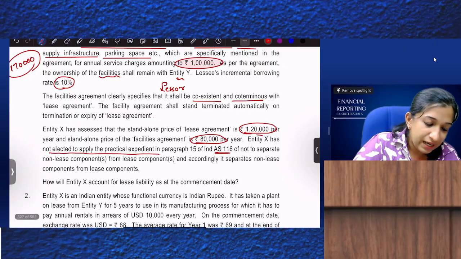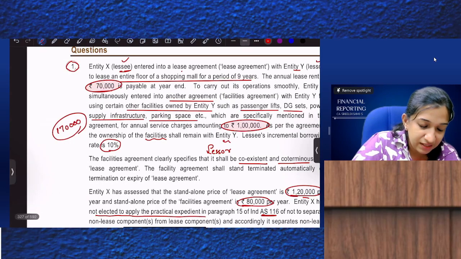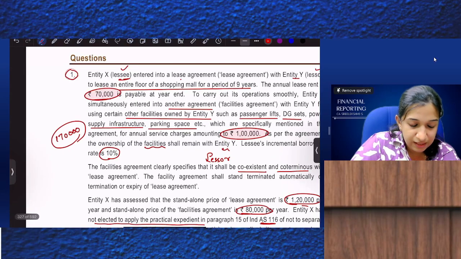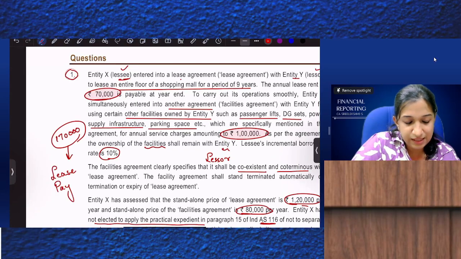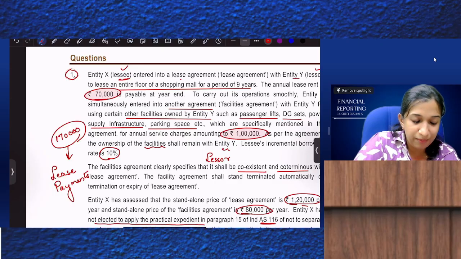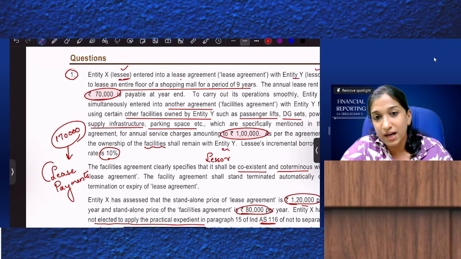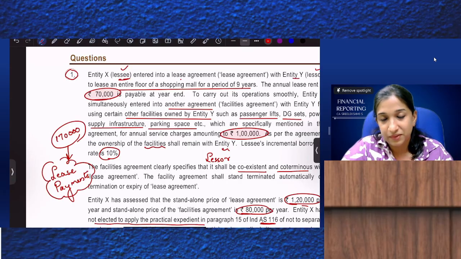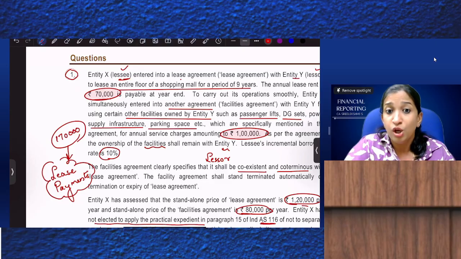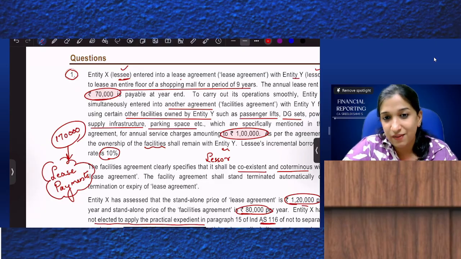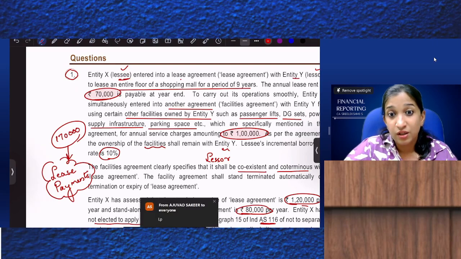You may treat the entire 1,70,000 as lease payment. For the lease liability computation, you may take the entire 1,70,000. Are you understanding? You may take the entire 1,70,000 as lease payments. Or you can apply the practical expedient.